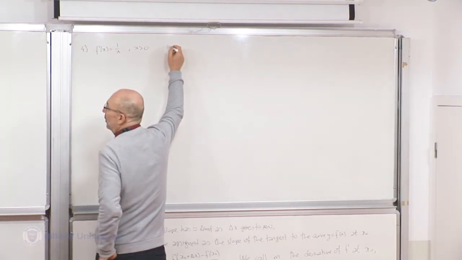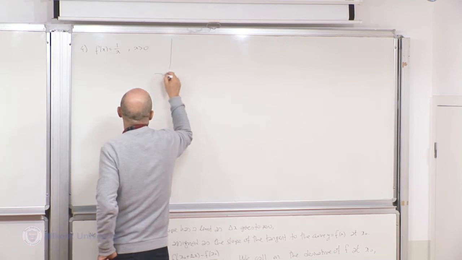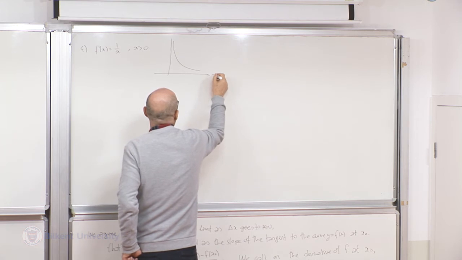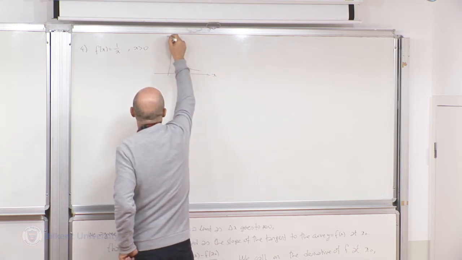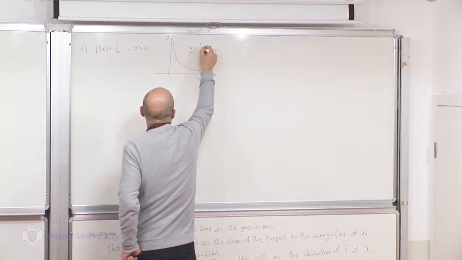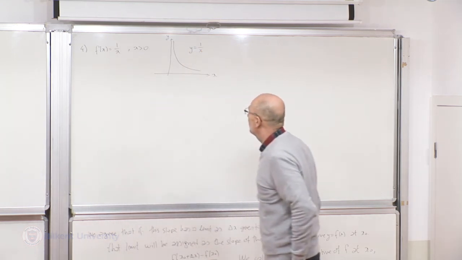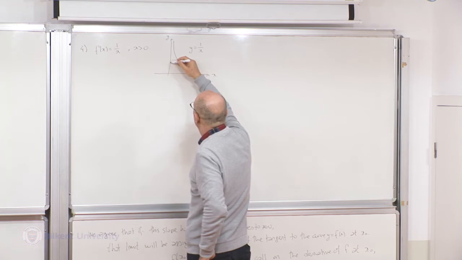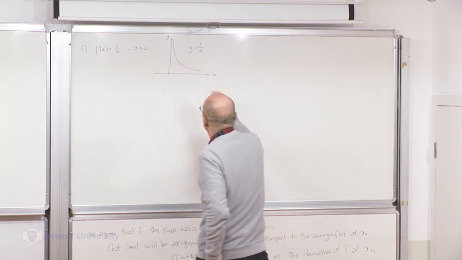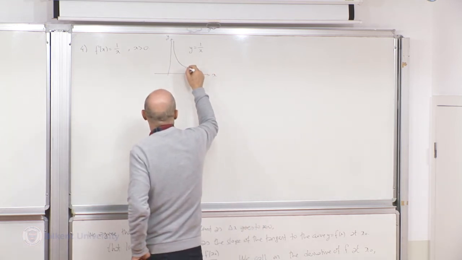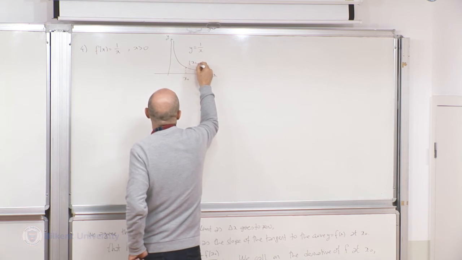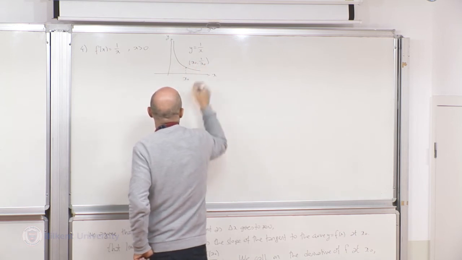So we know that the picture is something like this. X, y, so y equals 1 over x. So here, this point is 1, 1. Let's take an arbitrary point here, x sub 0. So this point is x sub 0, 1 over x sub 0.